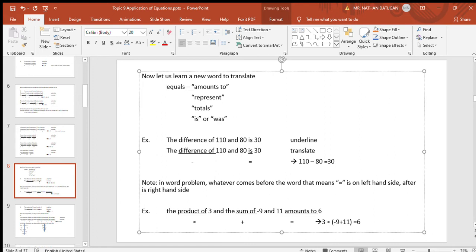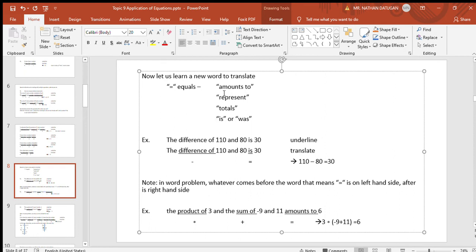So equals, again, if you don't know what equals is, it's that sign right there. And equals has words that indicate what it is.